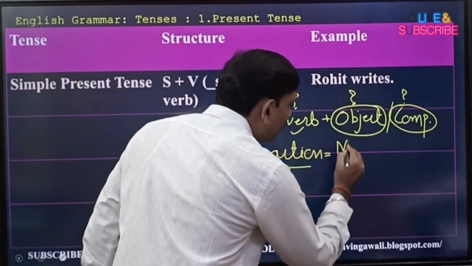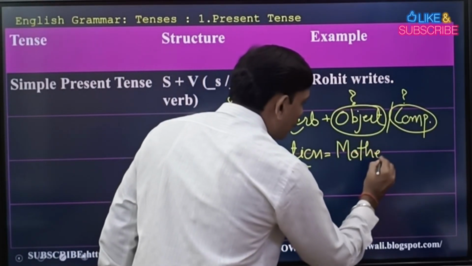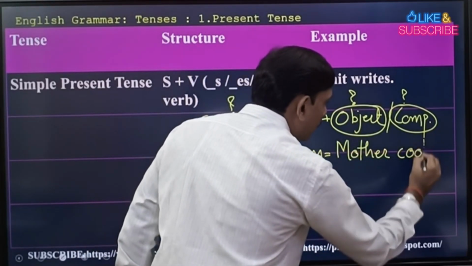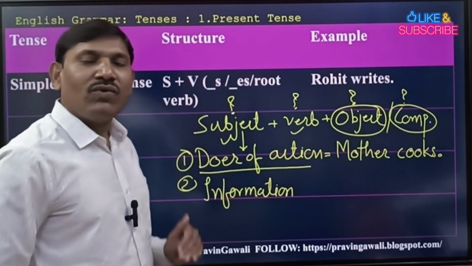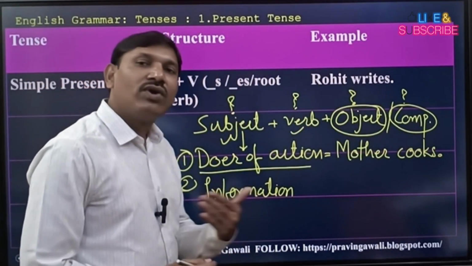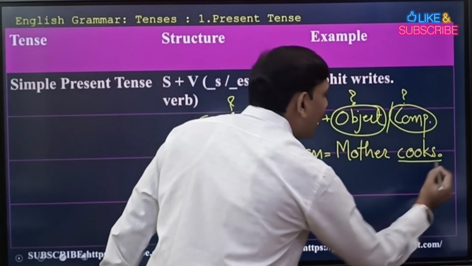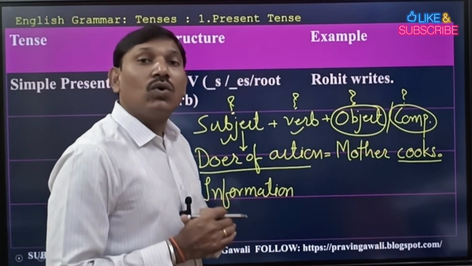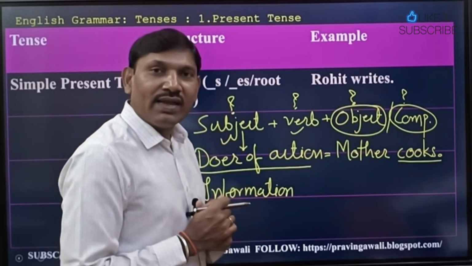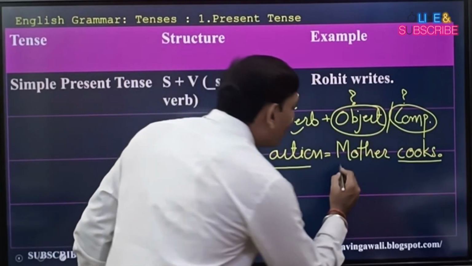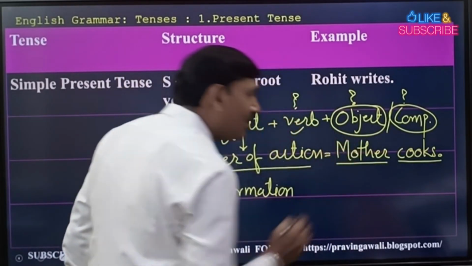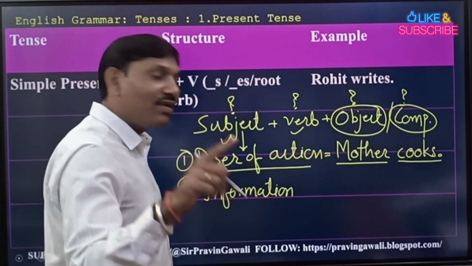Mother cooks. Okay, so in this sentence clearly we can see the action of cooking taking place. That is the action. Which action? Cook. The action of cooking. Now, by whom is the action being done? Who is cooking here? Mother is cooking. So who is the doer of action?